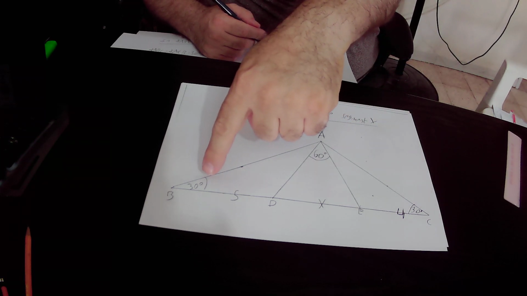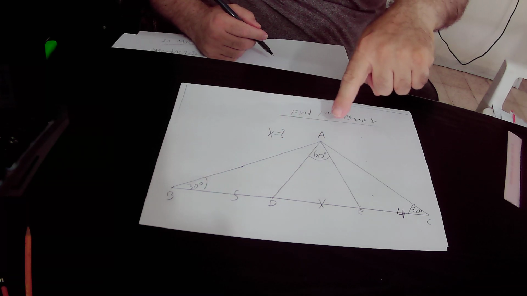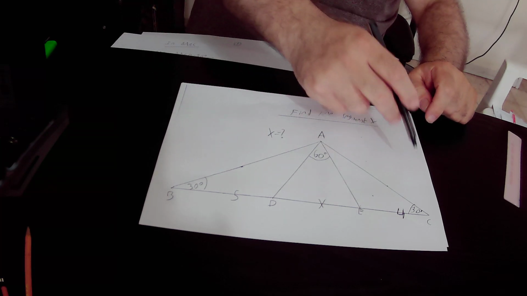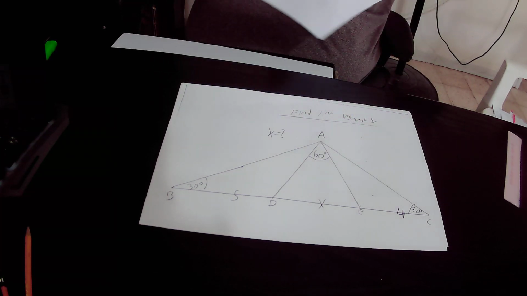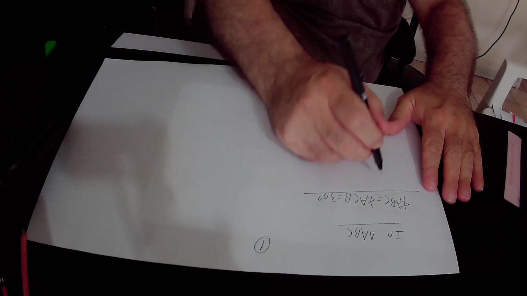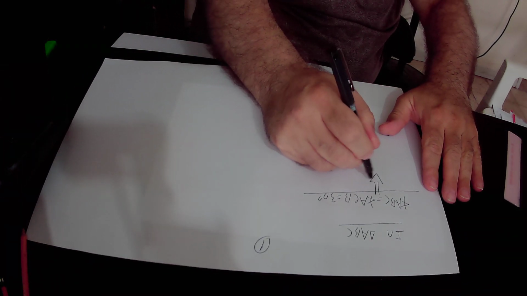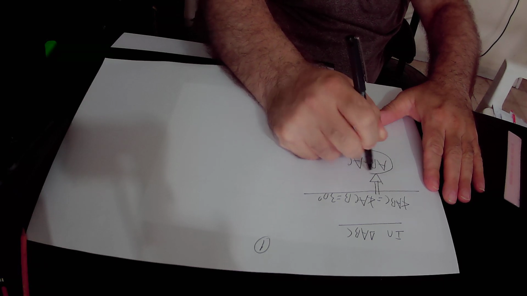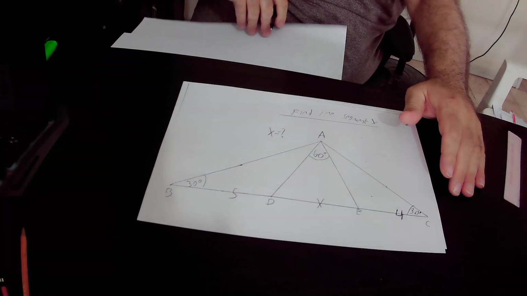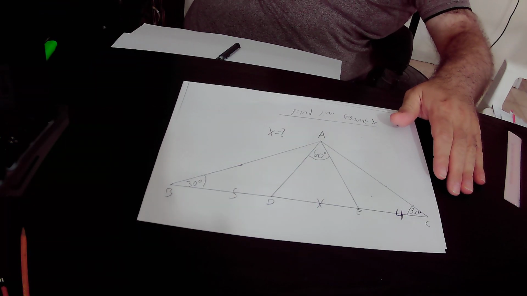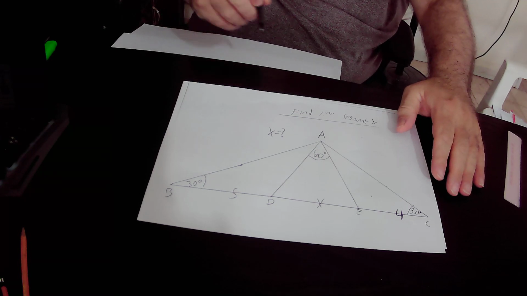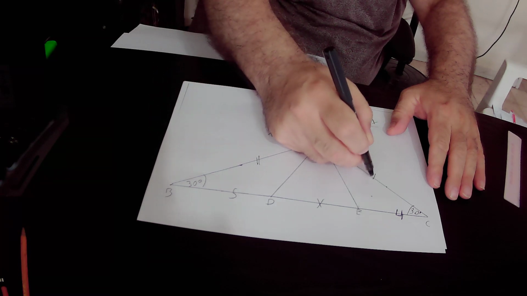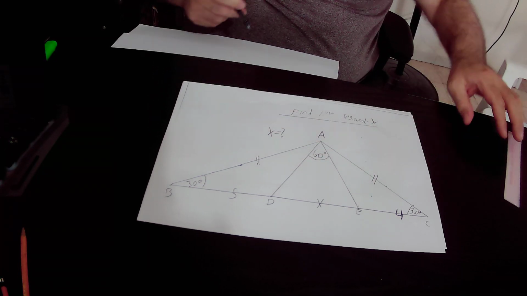In front of this angle that is also equal to 30 degrees, we have side AC, and according to the rule that I mentioned, side AB must be equal to side AC. Okay, here, side AB equals side AC.